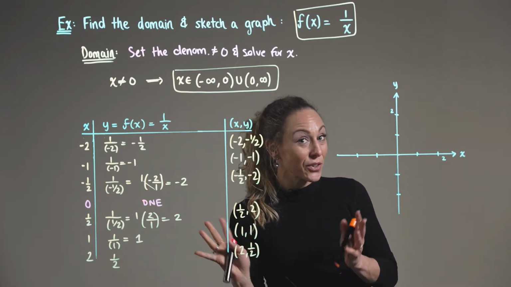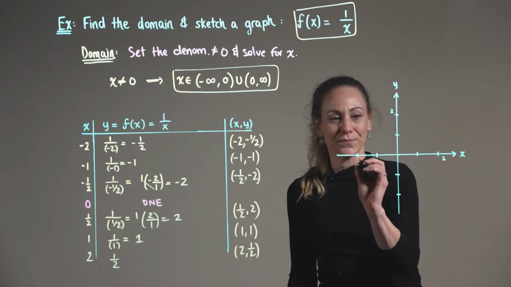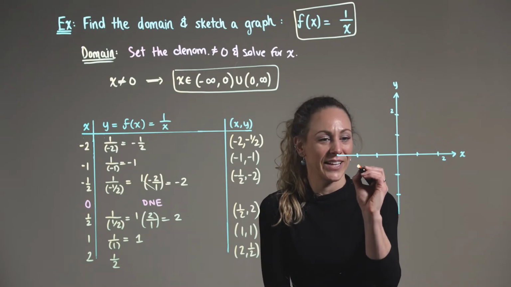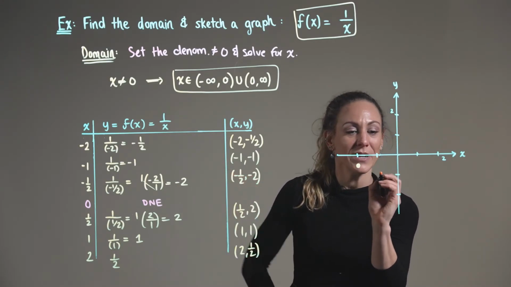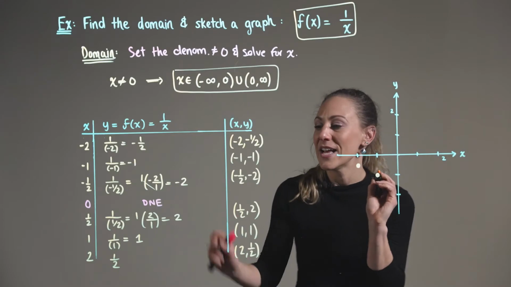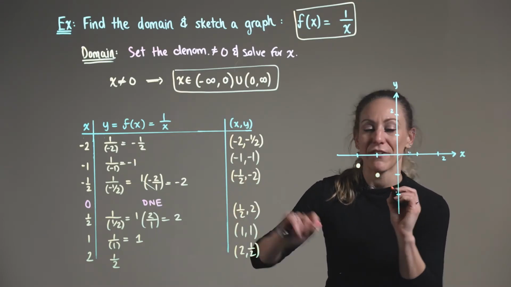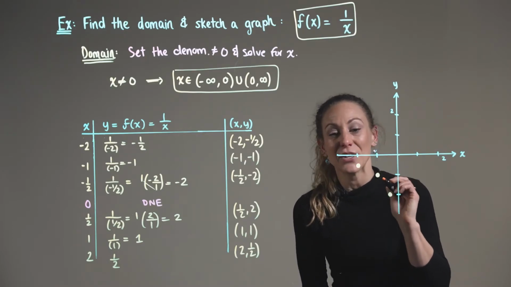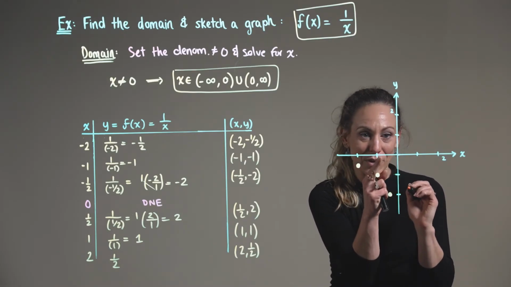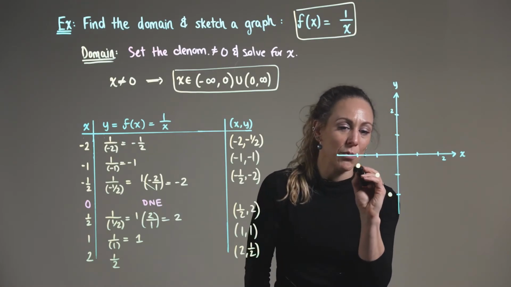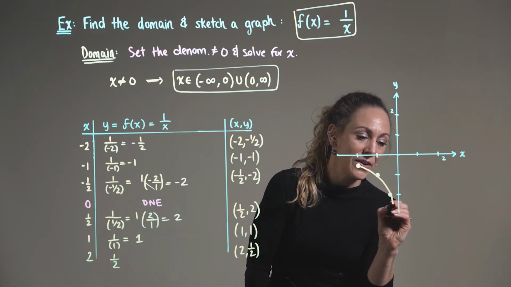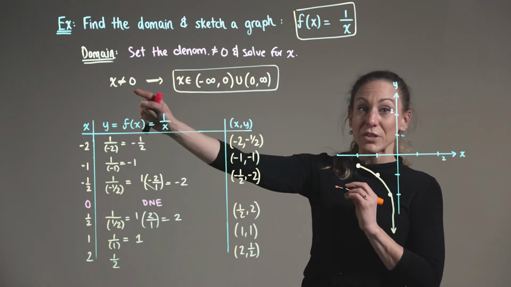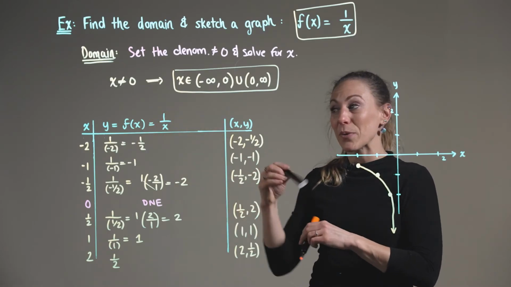Let's see what this is going to look like on our graph. We have the ordered pair -2, -1/2, the ordered pair -1, -1, and last but not least, -1/2, -2, right about here. Again, notice as these x values approach 0, the y values are getting smaller, but they're never going to cross the y-axis because we know from the domain that x cannot be equal to 0.